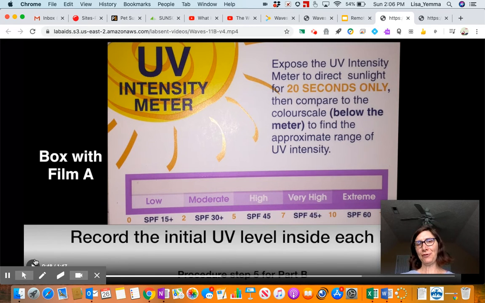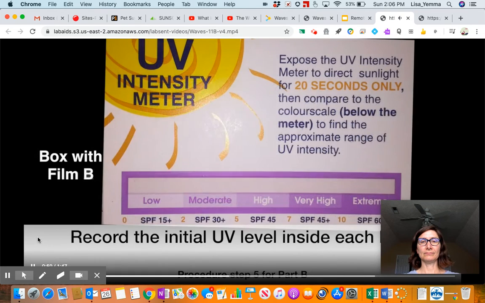So I went ahead for film A and just put 0 equals low. So in the bottom, you can see there's a range of 0, 2, 5, 7, 10. And I can't see the extreme one over here because it's hidden. But right now, the 0 low is before we've exposed the card to anything.